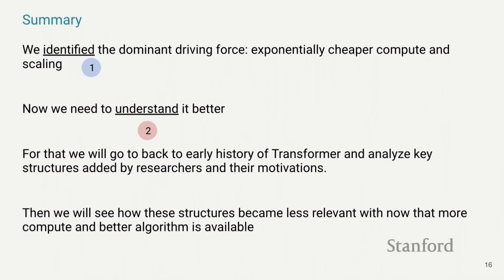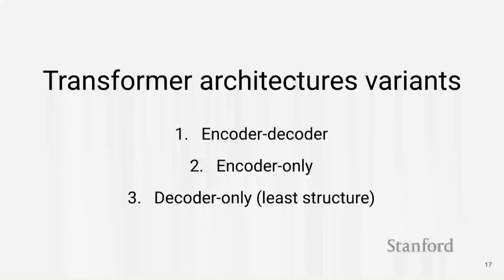For that, we need to go back to some history of the transformer, because this is a transformers class, and analyze key structures and decisions that were made by the researchers at the time, and why they did that, whether that was an optimal structure that could have been added at the time, why they might be irrelevant now, and whether we should remove them. We'll go through some of the practice of this, and hopefully this will give you some flavor of what scaling research looks like.